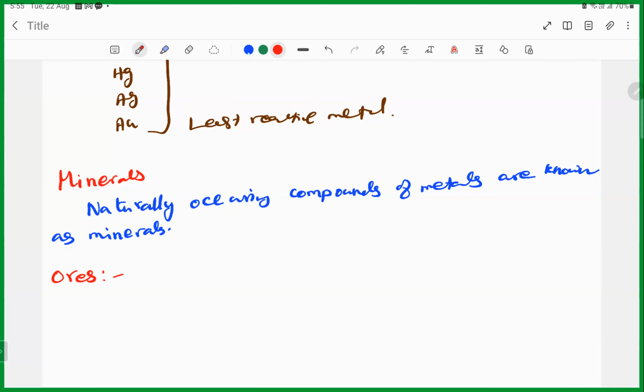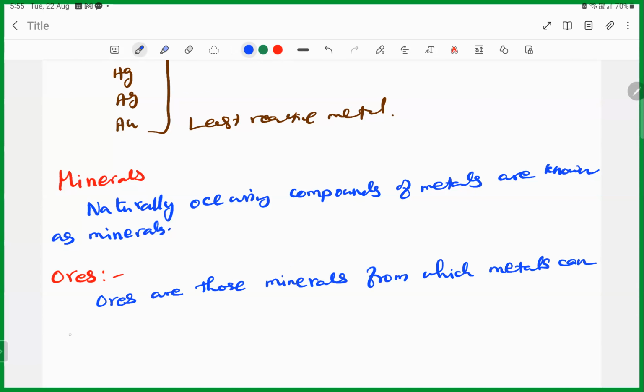So, ores are those minerals from which metals can be obtained economically and profitably.